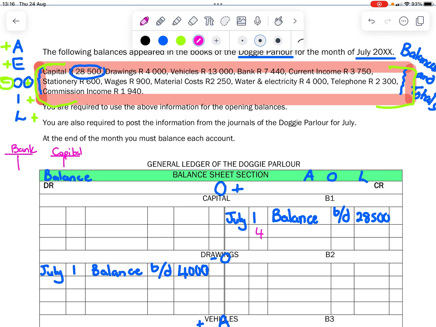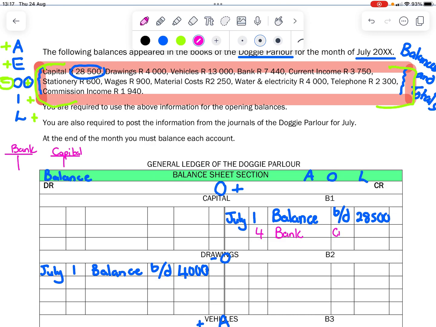Now, in our general ledger, which is an advanced T account, the contra account for capital is bank. So this detail, or this column that I've just filled in, is for the contra account. At this stage, except for the bank account, the contra account in every single ledger account should almost always be bank.